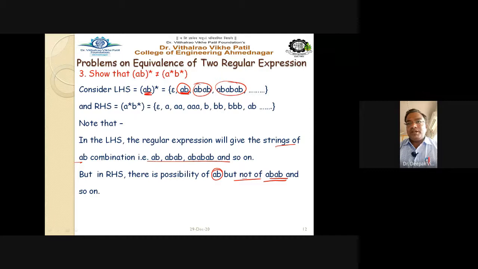There must not be any AB AB, or AB AB AB. This term is not available in the second set. This term is also not available. But yes, this term is available. So as the sets are not equal, the regular expressions are also not equal. So we can conclude that LHS is not equal to RHS is proved for this particular regular expression. Getting this point? Okay.